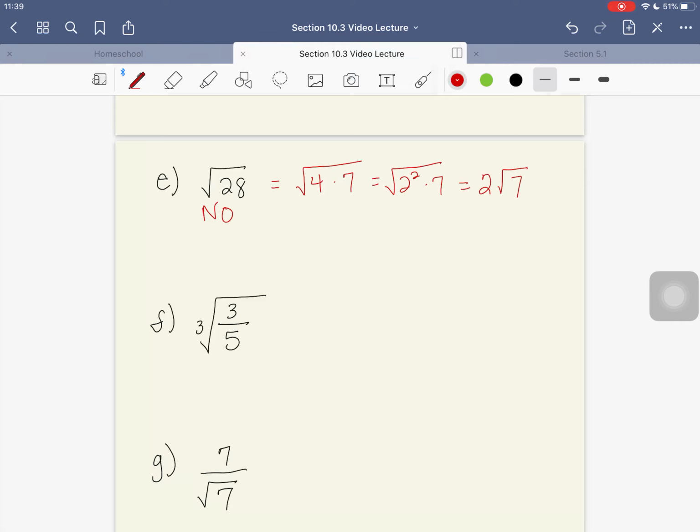Same thing here. I can write this as the cube root of 3 over the cube root of 5. Well, I've broken one of the conditions because I have a radical in the denominator. So I would need to rationalize that. I'd rationalize it by multiplying by the cube root of 5 squared.